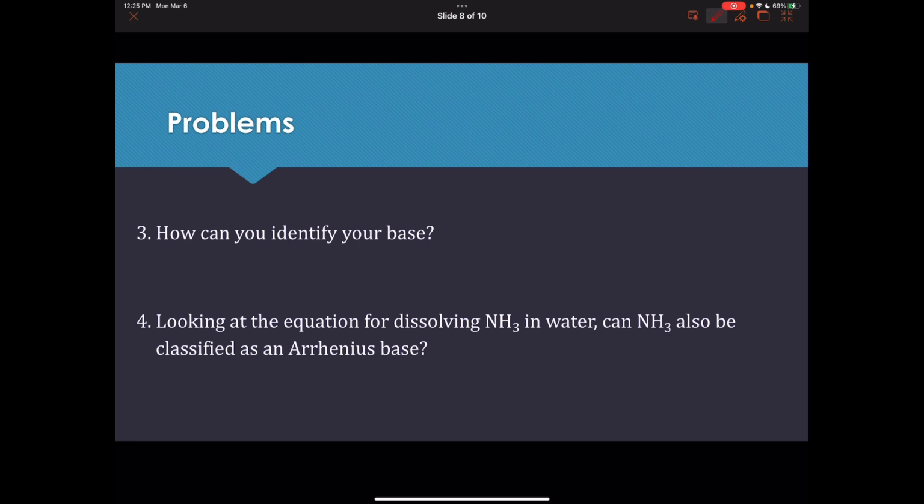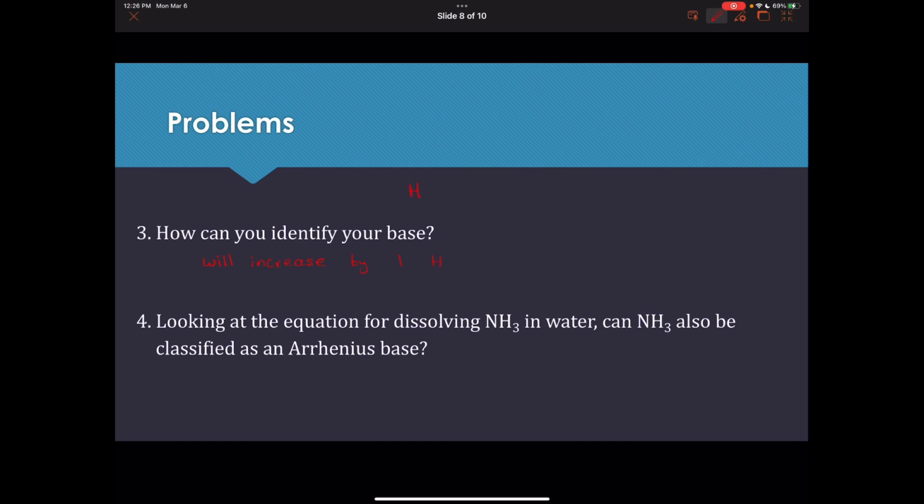Now, in identifying our base, remember we're defining our base as being a proton acceptor. So if we're accepting protons, our hydrogen count will have to go up by one. So my base will be the substance that increases by one hydrogen during that exchange.